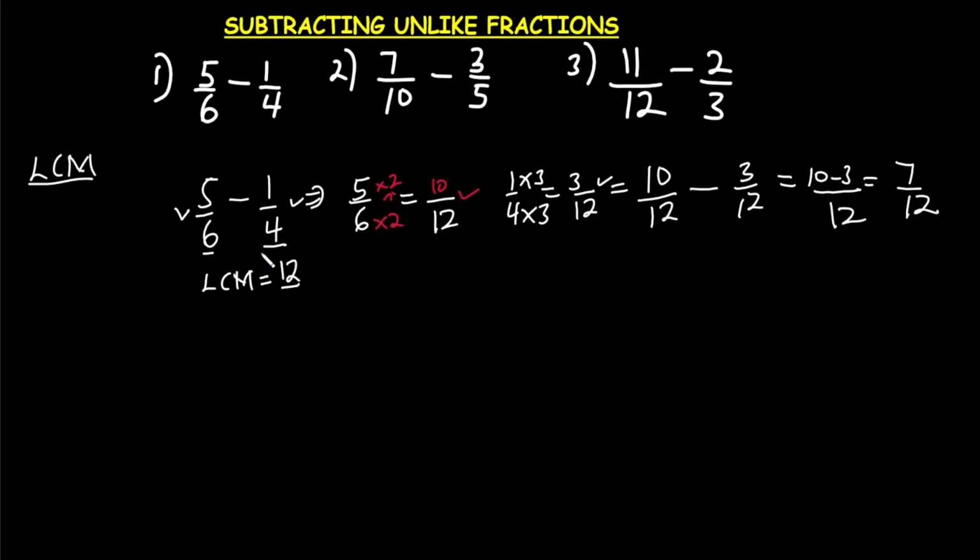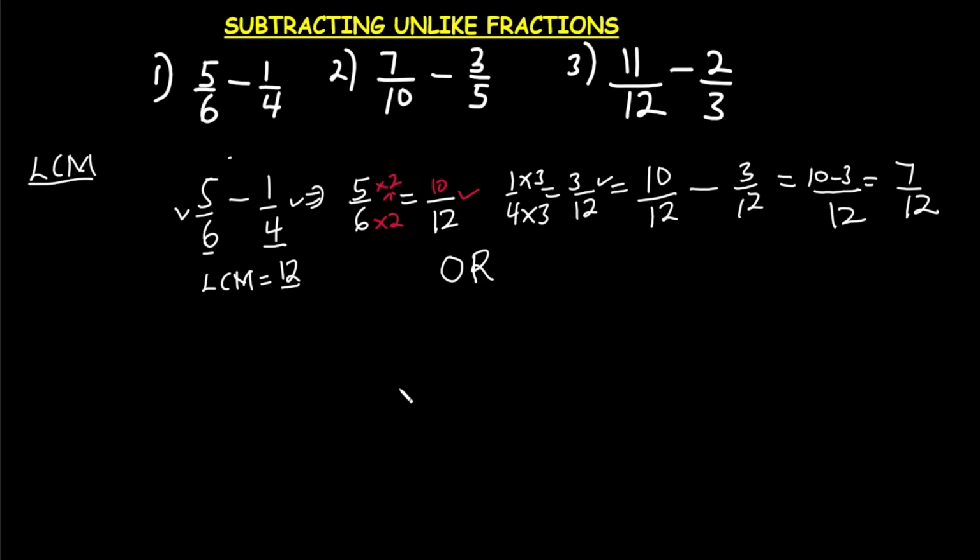So this is how you can subtract two unlike fractions. First of all, you have to find their LCM, and you can work out the LCM somewhere. After you've gotten the LCM, you equate each one of the fractions to the LCM, and then you solve it like how I did it to get the answer.